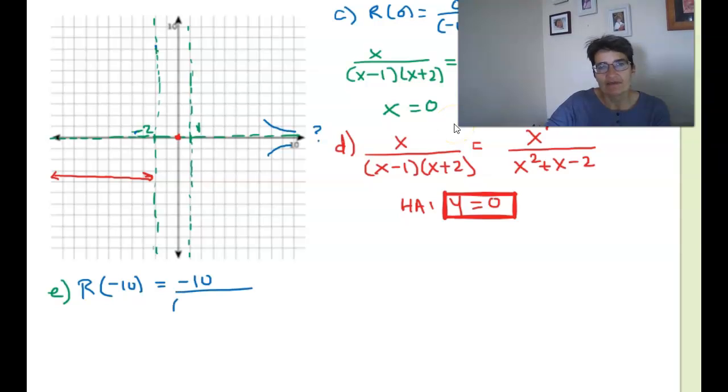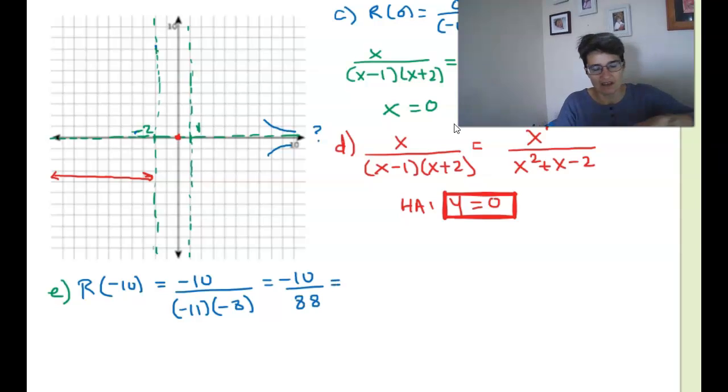Plugging into the function, we have -10 over (-11)(-10 + 2), which is -8. So we have -10 over 88. You can evaluate that, but the important thing is that it's negative. It's about -0.11. So it's negative and pretty small, and we have a point right here.